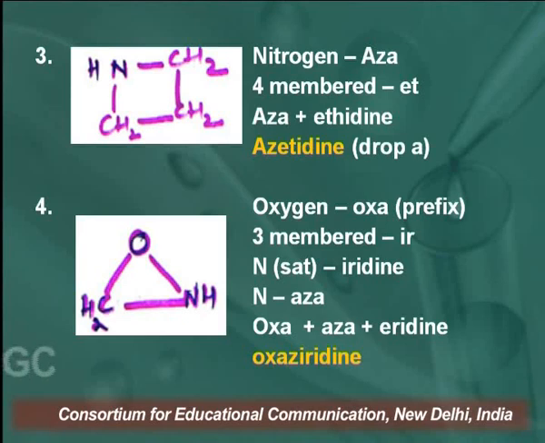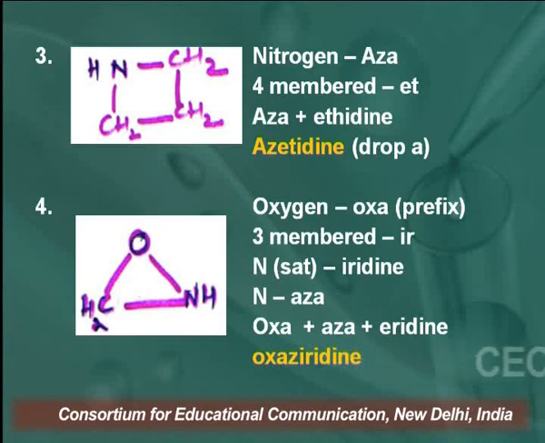Similarly, in the next example, example number 4, you will see there are 2 heteroatoms: one is oxygen, another is nitrogen. So you have to write the prefix for both. For oxygen, it will be oxa. For nitrogen, it will be aza. Again, you have to find out whether the ring is saturated and nitrogen is present.